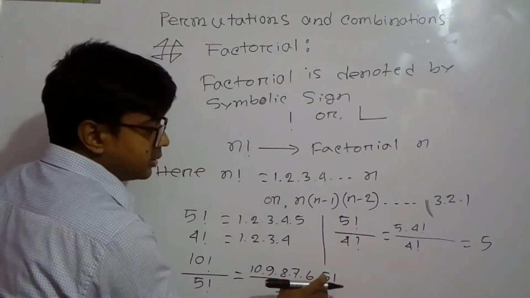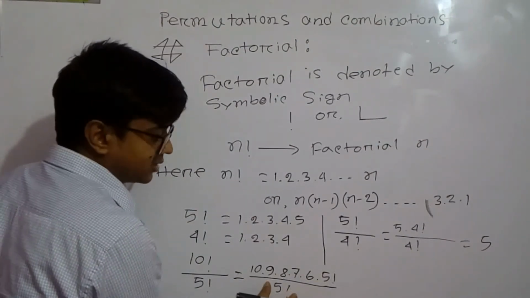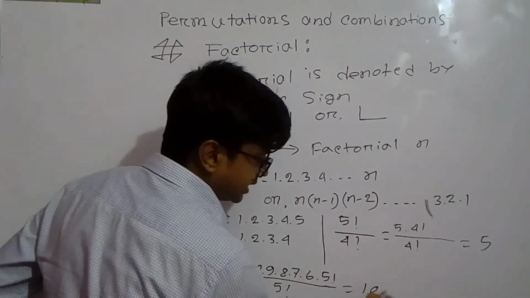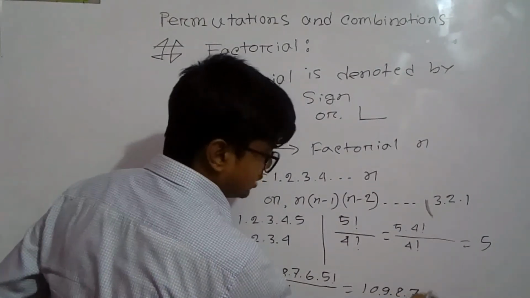So factorial 5 and factorial 5 will be cancelled, and our answer will be 10 into 9 into 8 into 7 into 6.